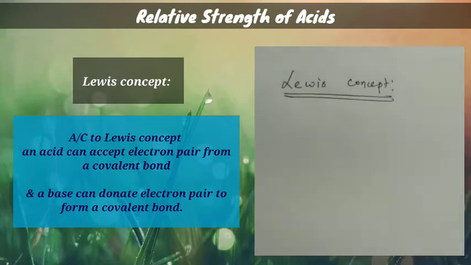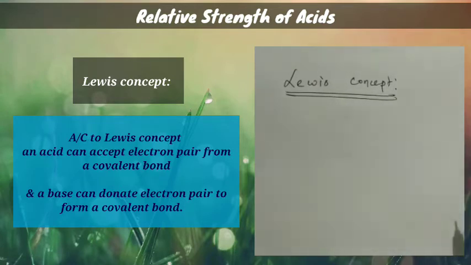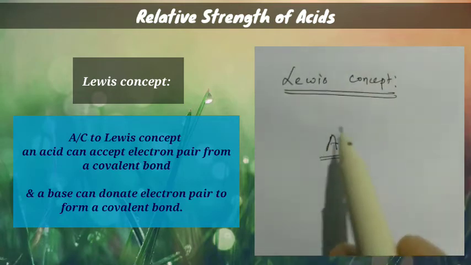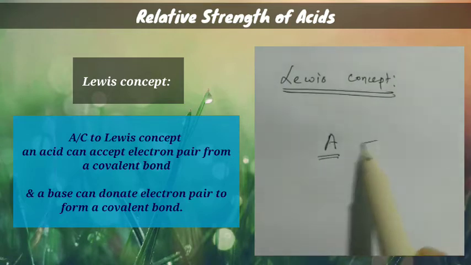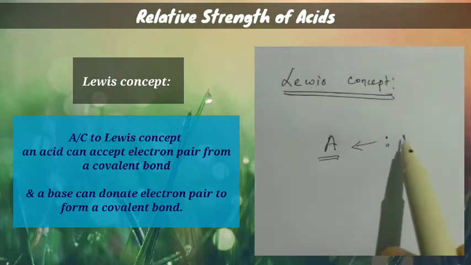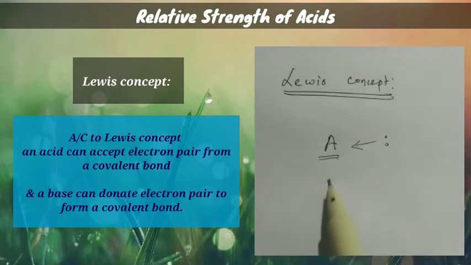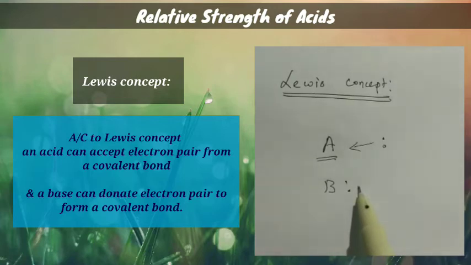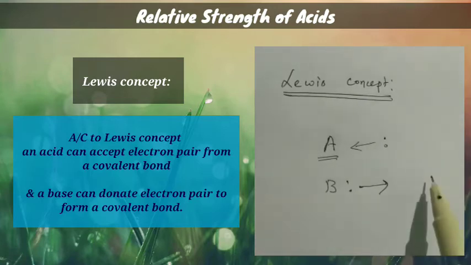According to him, an acid is a species that is capable of accepting a pair of electrons from a covalent bond, and a base is a species that is capable of donating a pair of electrons to form a covalent bond.